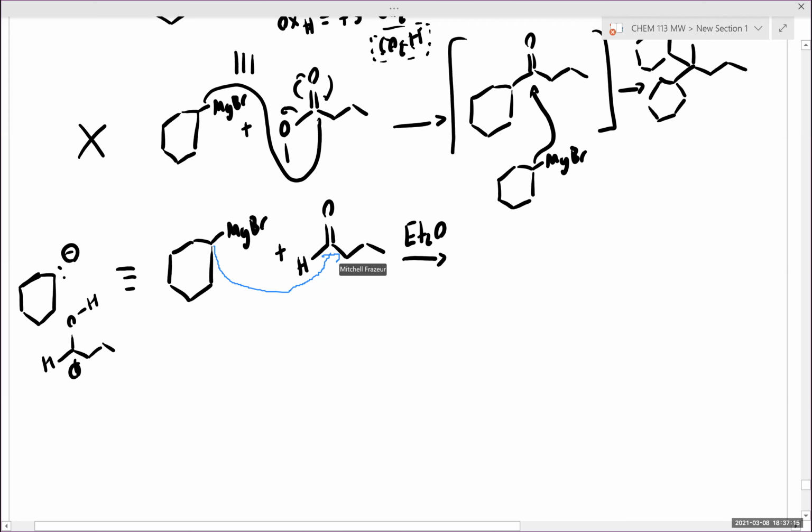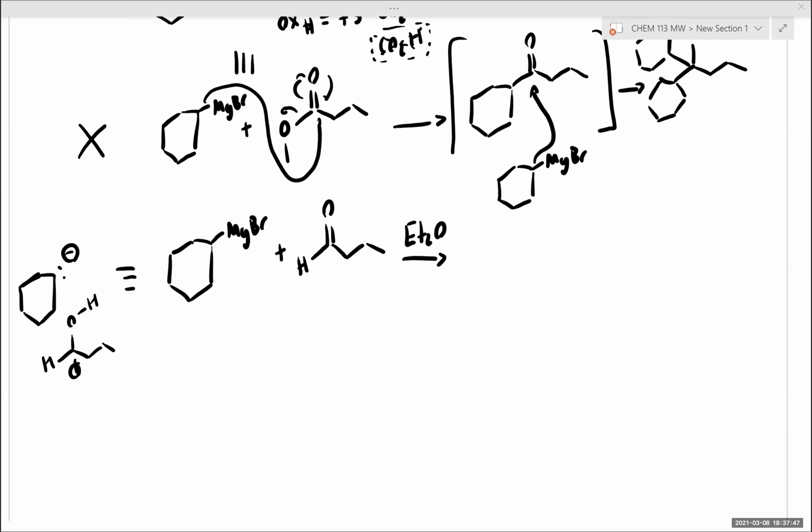Yep, exactly right. Our Grignard will attack our aldehyde and we get the alcohol that we drew out when we were planning our retrosynthesis. Perfect.